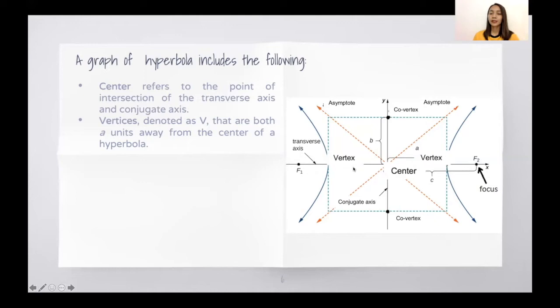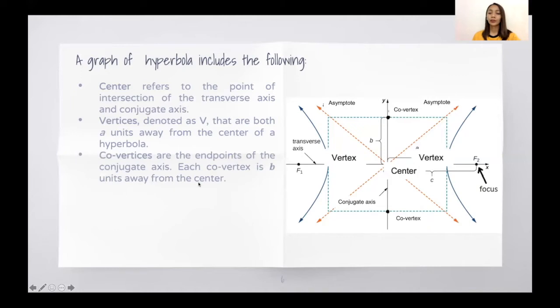The vertices are also on the transverse axis. The transverse axis can be horizontal or vertical. In this example figure, this is a horizontal transverse axis.